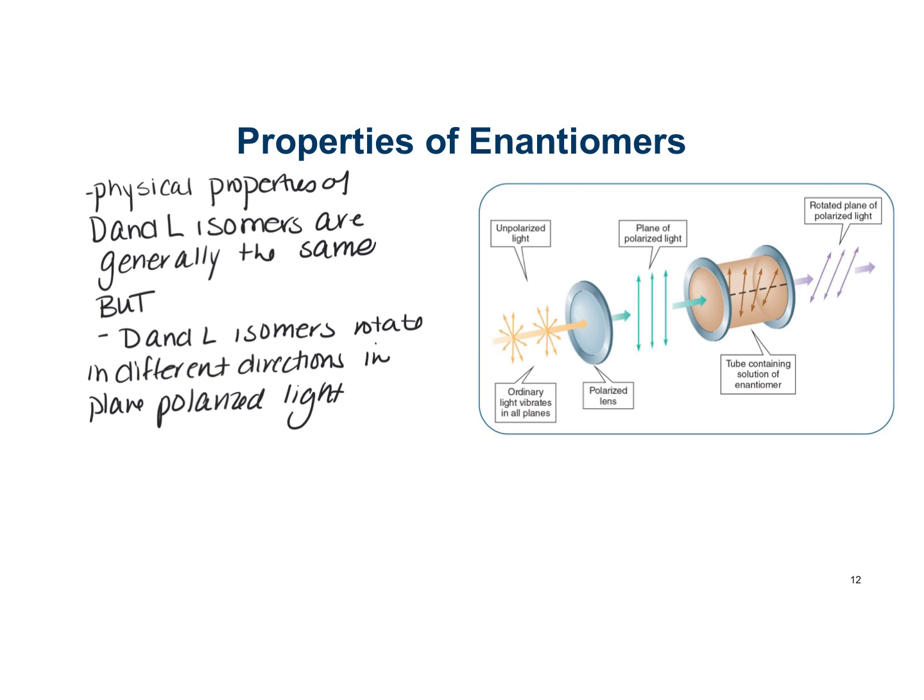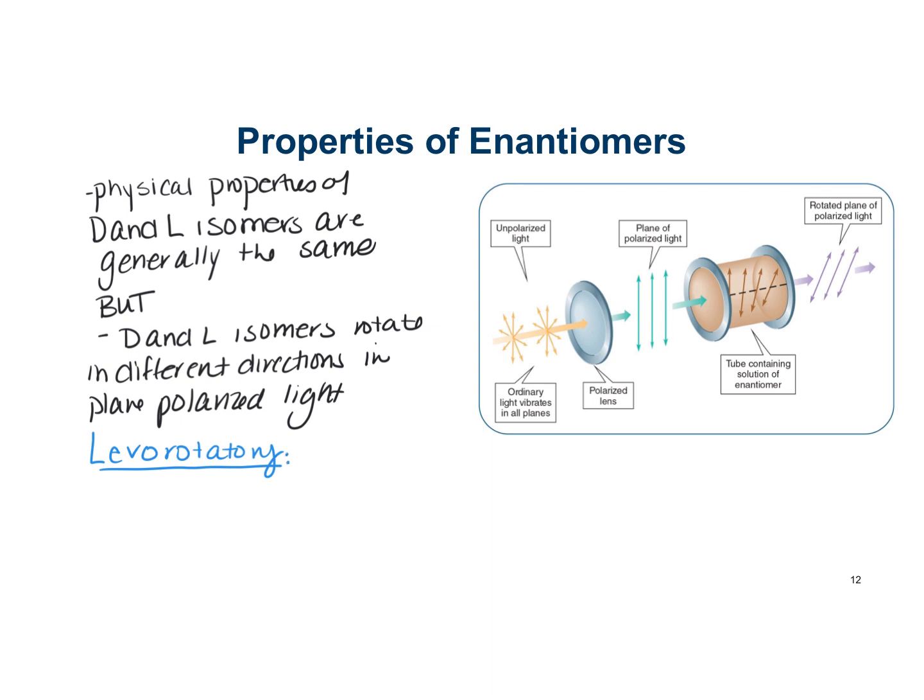Then what happens is there's a tube containing a solution of the enantiomer, and as the light goes through, the plane is rotated, and the rotated plane polarized light is what is detected. And it rotates in one direction for one enantiomer and another direction for the other enantiomer. And so we give some names to this, and one of the names that we talk about here is levorotary, right?